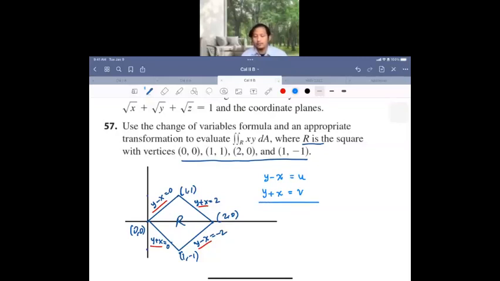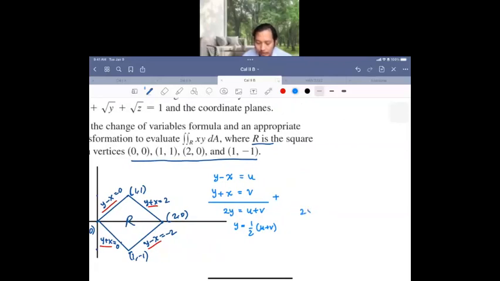And we could solve and find the relations between x, y, and u, v. So we could start from adding: 2y equals u plus v, and y is half of u plus v. And 2x, if we subtract, this will be negative 2x equals u minus v, or x is half of v minus u.